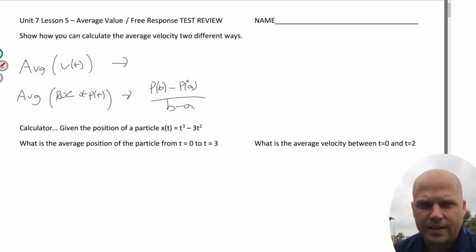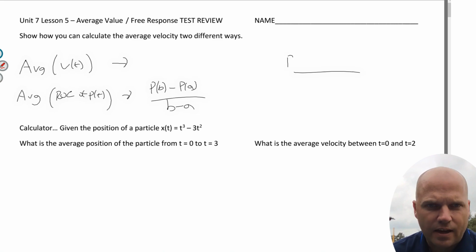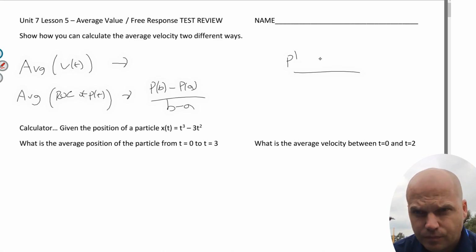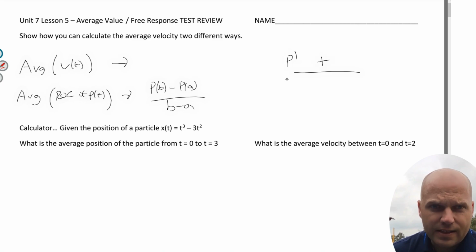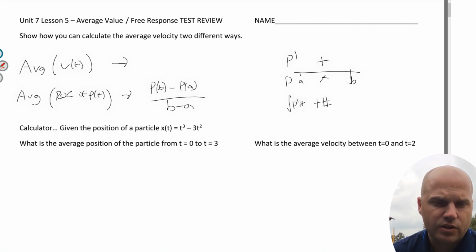But then we realize, through our sign analysis of our derivative, that when you subtract your two positions, P of B minus P of A, whatever that happens to be, you actually get the accumulation of the rate of change.